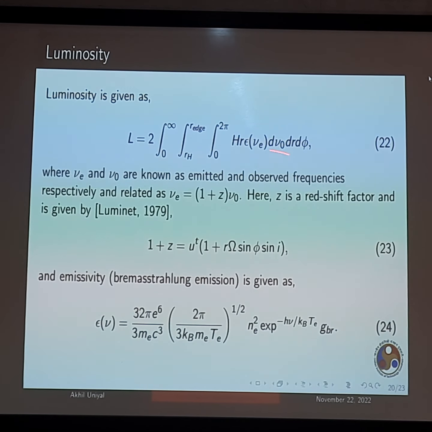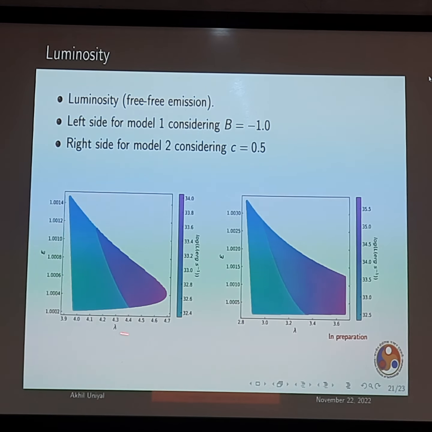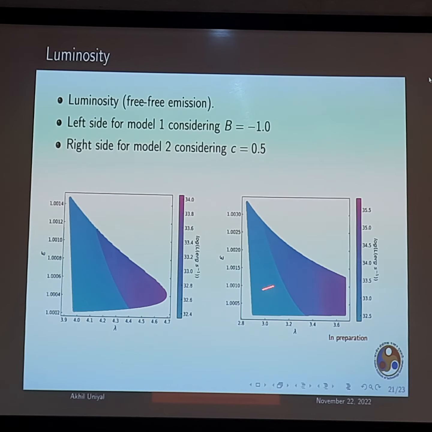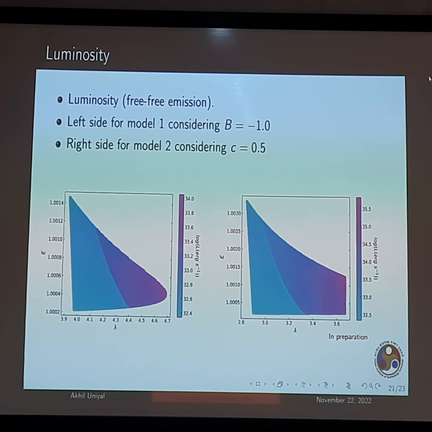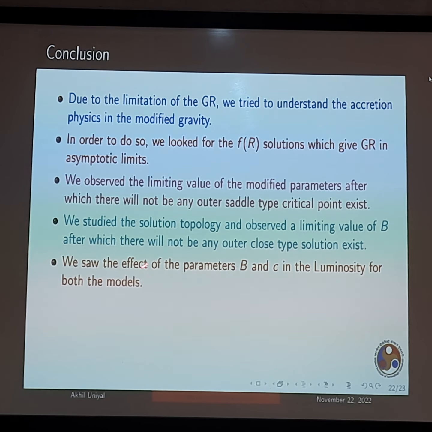So we have calculated the luminosity for both the models. For the first model it goes from 32 to 34. For the second model it is about 32 to 35, and so far we have seen the second model can give you higher luminosity for the solutions. And we expect if you include shock, this will enhance your luminosity. So this is what we have done.